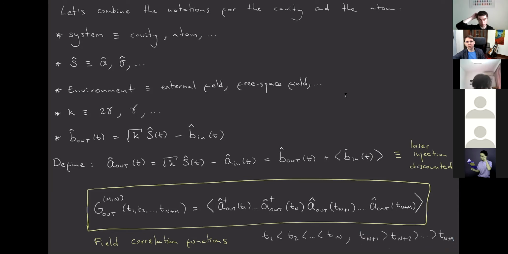Essentially, these field correlation functions are another part of what gave Roy Glauber the Nobel Prize. It looks very simple, it's just a definition, but what Roy Glauber realized, with very simple arguments, he was a very smart guy, is that these quantum correlation functions are the ones that determine everything about experiments that people were doing with lasers, photodetectors, thermal light coming from the stars, and correlation experiments with photodetectors in general.